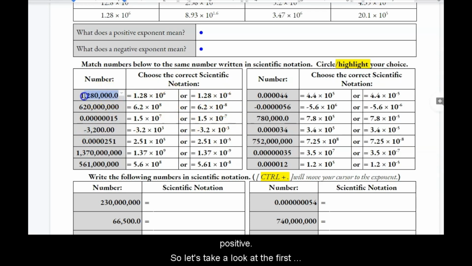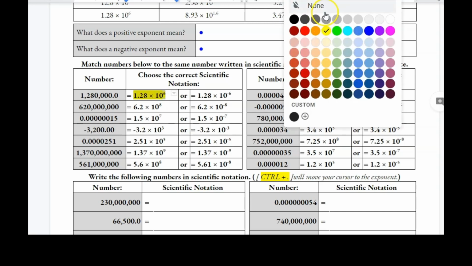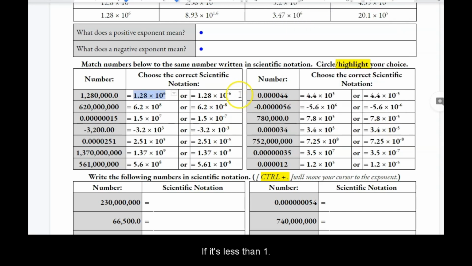So, let's take a look at the first one. Is 1,280,000 more than 1? If it is, then this would be the correct answer, and you would highlight that, or circle it. If it's less than 1, then you would highlight this one, because it has the negative exponent.